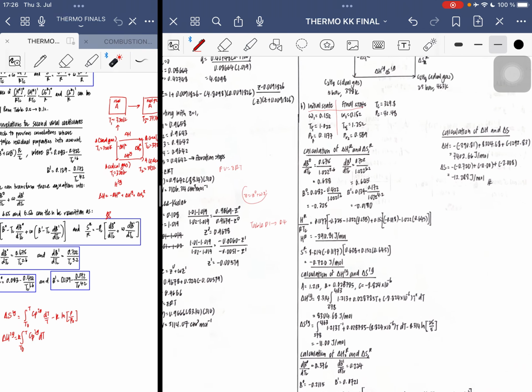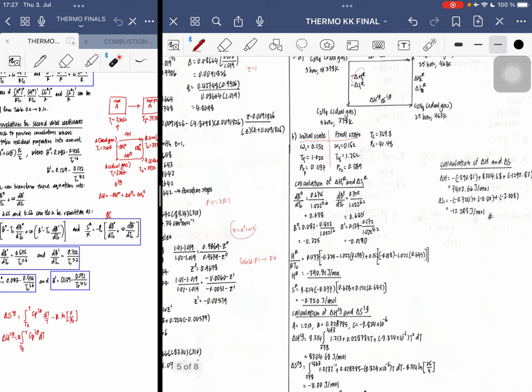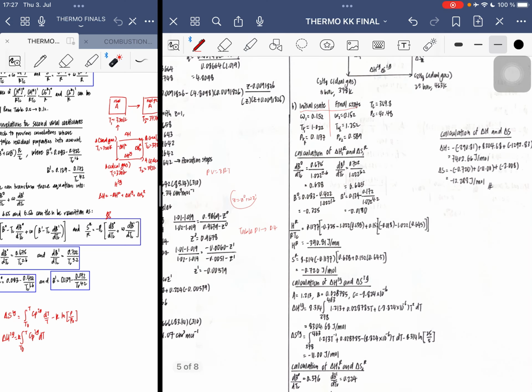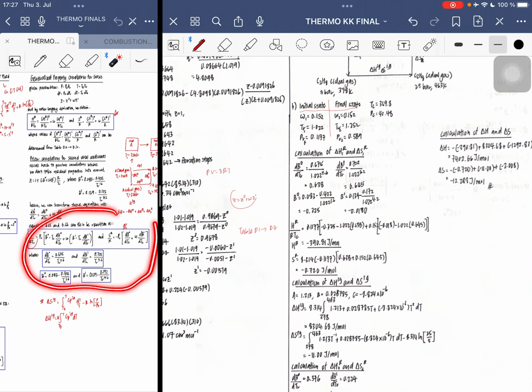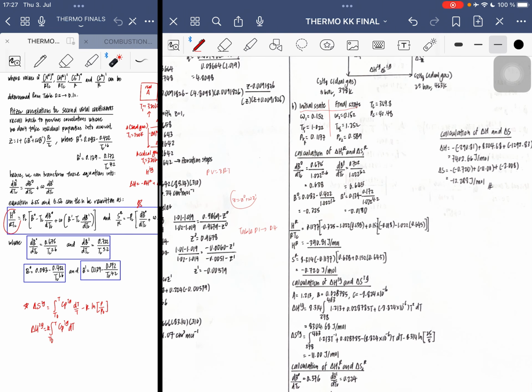Don't forget about it. So first is calculation of HR, right? The first part is changing real to ideal, so you want real enthalpy. So the formula for real enthalpy is this long formula, where dB naught over dTr is this blah blah blah. This is just a method of plugging in the formula, so it's not that difficult.